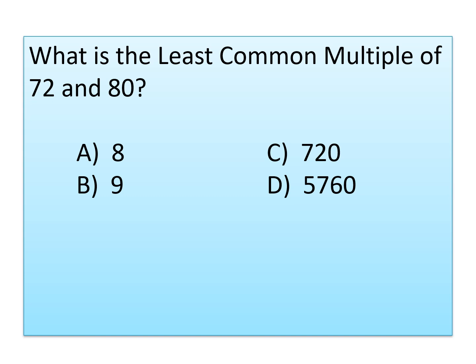Okay, so let us try another problem. What is the least common multiple of 72 and 80? Timer starts now.